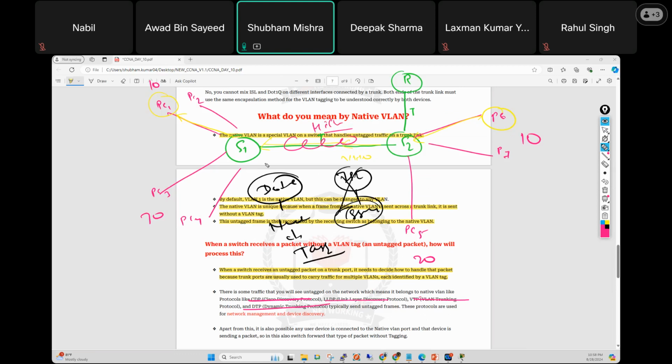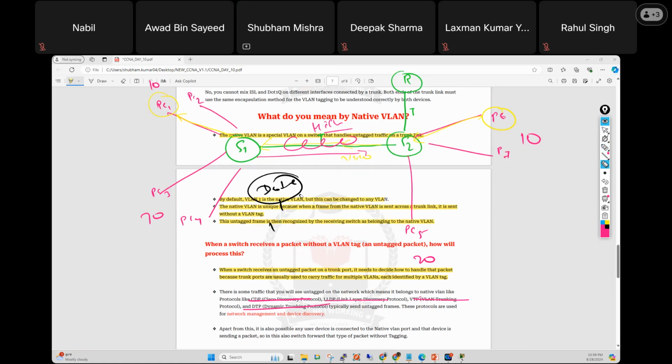When this packet reaches switch number 2, it is always processed; switch number 2 does not check the VLAN. There is no need, so why are we tagging? It is unnecessary utilization of the link's bandwidth. That's the reason .1q has this advanced feature: it does not perform tagging for management traffic. I hope you understand something.